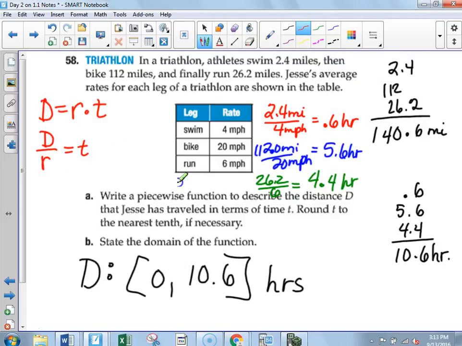Then, now this is where it gets a little more confusing. He goes another 5.6. But we have to add that on to this, right? For our ordered pair, the total time he's been out and doing this is 6.2. And how much distance has he covered? 114.4.